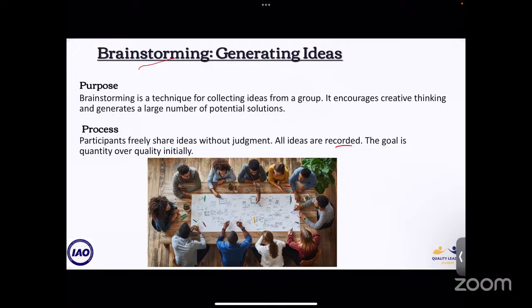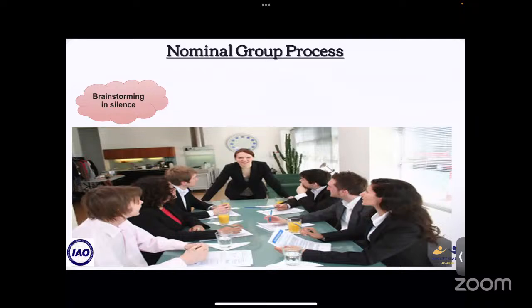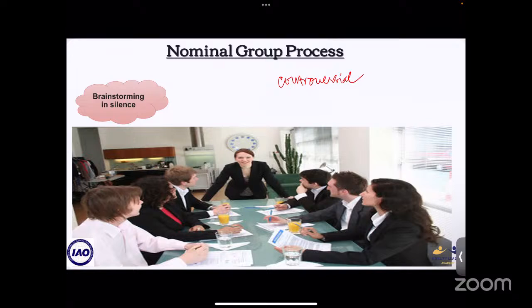Now, if the idea or problem we are discussing is controversial, it means it is a subject of debate, a subject of discussion. If we sit and talk about it, one person says their opinion and there are differences, we will never finish. In this case, I will do individual brainstorming, meaning each team member will get a piece of paper and be told, write down your ideas and suggestions on this paper.